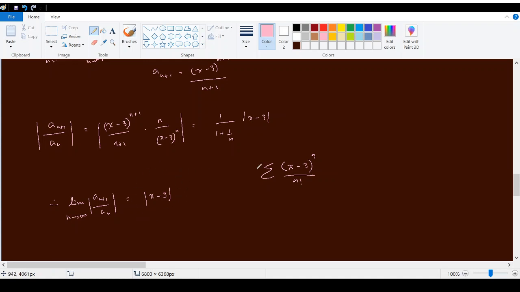So now for the ratio test, in order to determine whether a given series converges or not, we need the value of that limit to be less than or greater than 1, right? So according to that, we can determine the convergence.